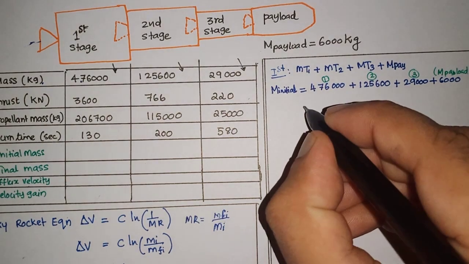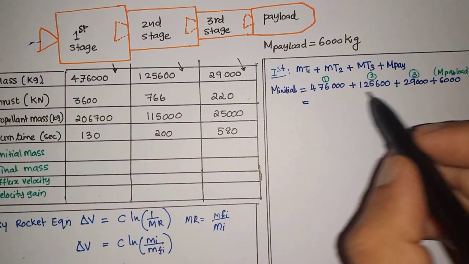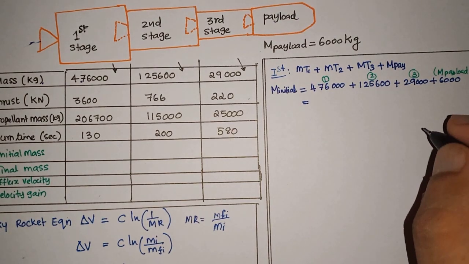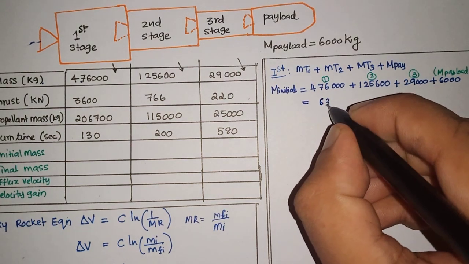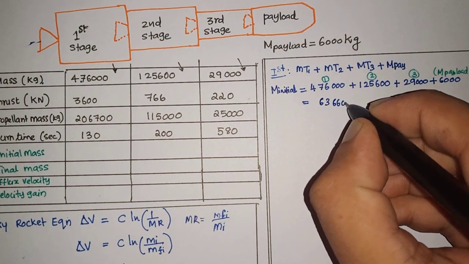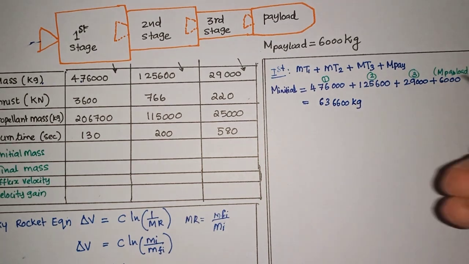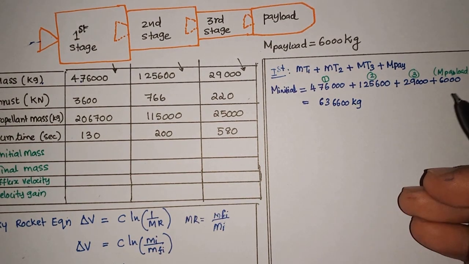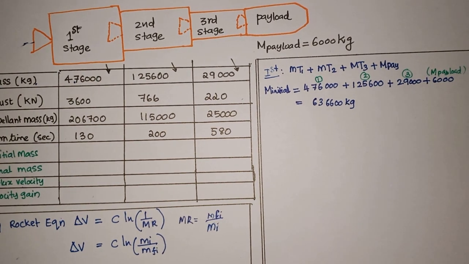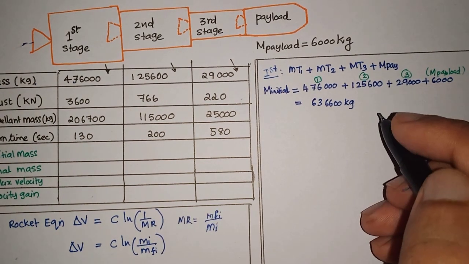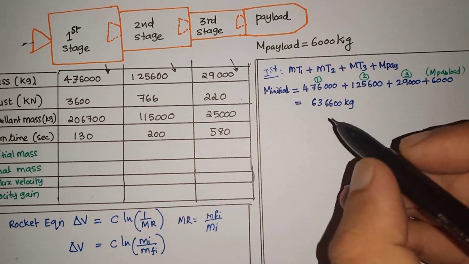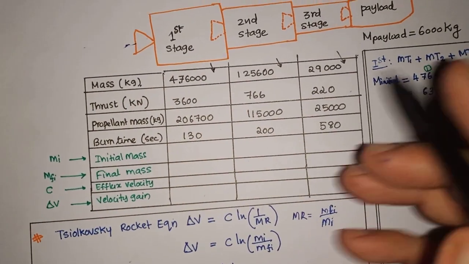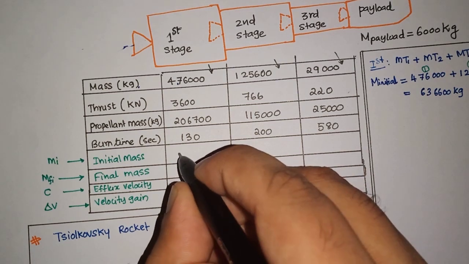Now the overall quantity, if you sum it off, you are going to get a value of 636,600 kilogram. You can do it yourself, and if at all I'm committing a mistake, please let me know. You can do it by using a scientific calculator or something. Now this is going to be the initial mass. So once you get the initial mass here, you start filling here, so that it will be visible for you.